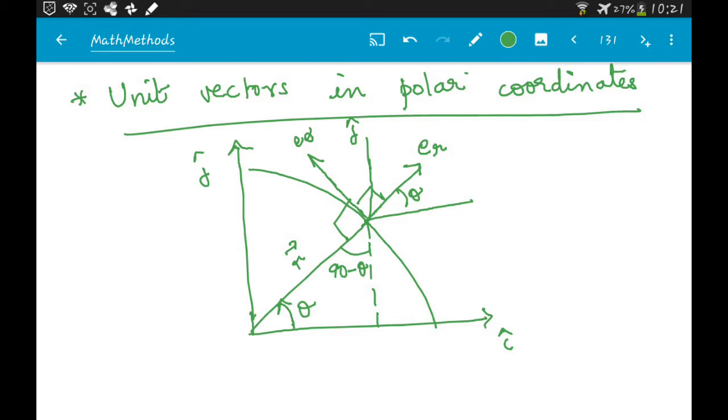So if this is 90 minus theta and this is 90 degrees, then this angle is going to be theta.